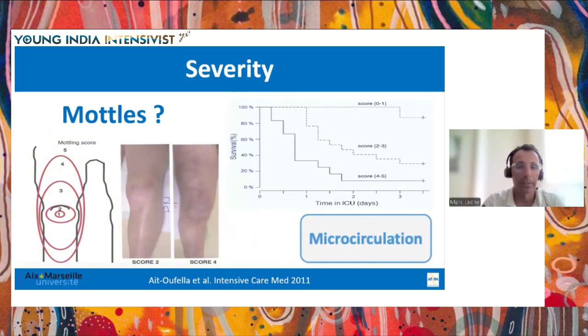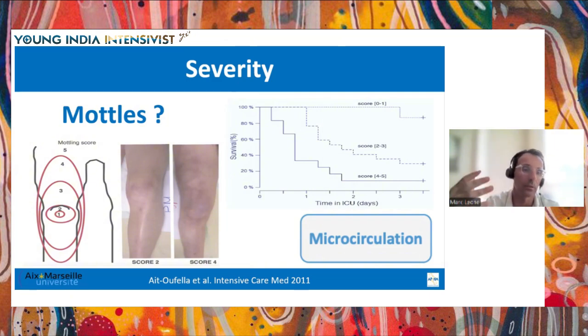Remove the bed sheets, and you can look at the mottling in your patient, and there is a very good mottling score which has been proposed by the group of Ait-Oufella in Paris, in France.